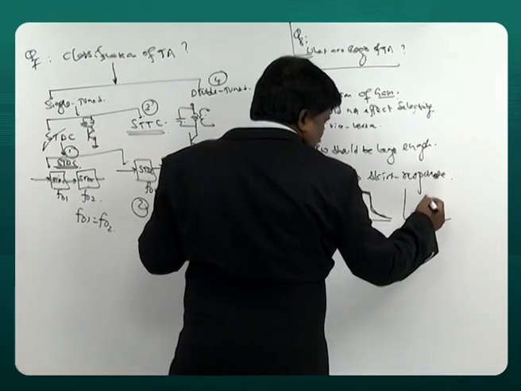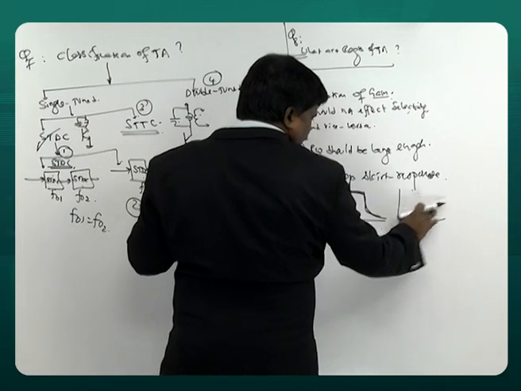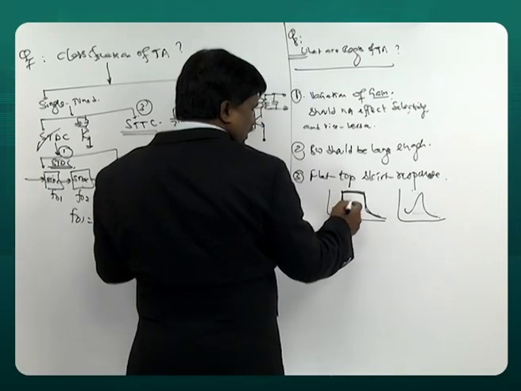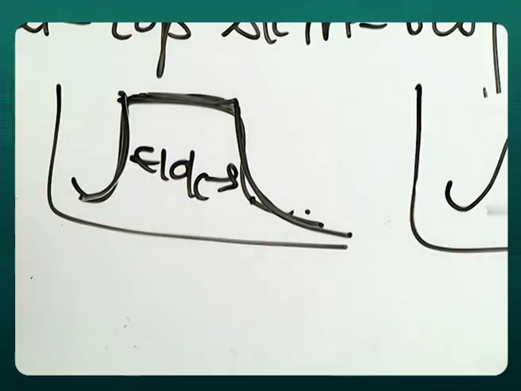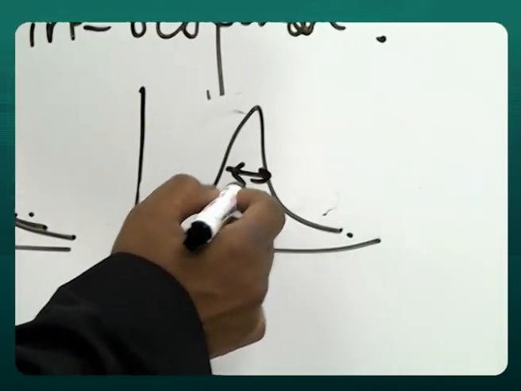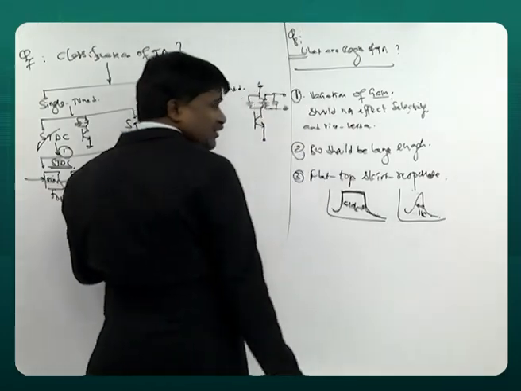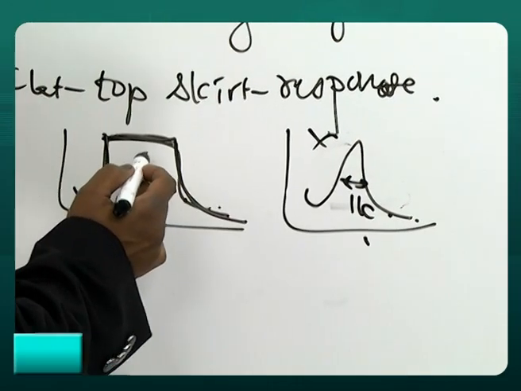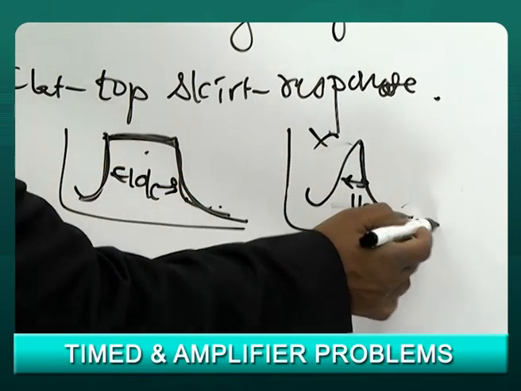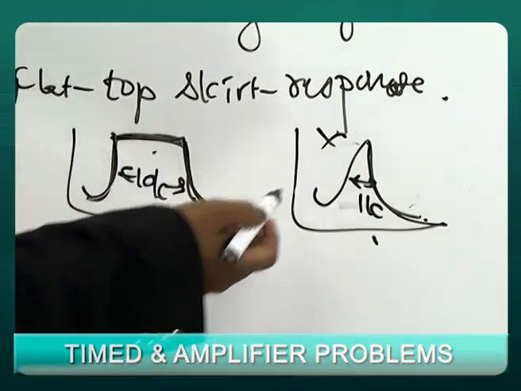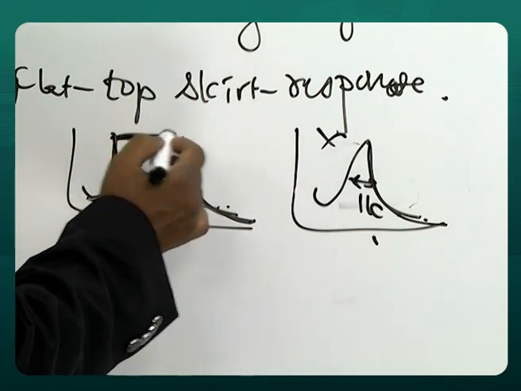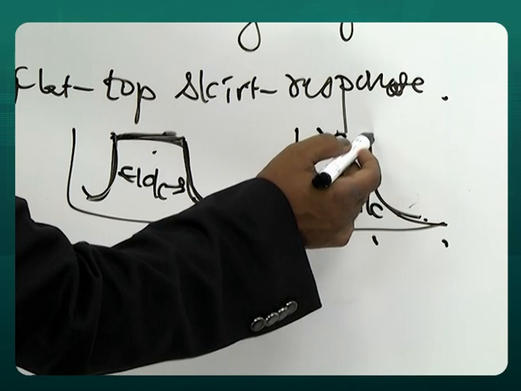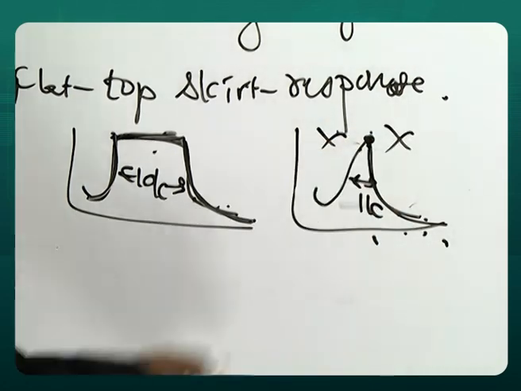Suppose you have such a small thing, the bandwidth may be lesser. For example, this bandwidth is 10 kilo, and this bandwidth is 1 kilo. Which is better? Lesser bandwidth is good, but the 10 kilo one is better because it is slowly changing, whereas this one is suddenly changing. It doesn't have a flat top. Like a skirt, it is not falling. So flat top skirt response is not there.